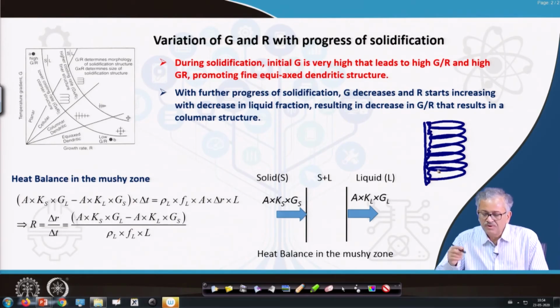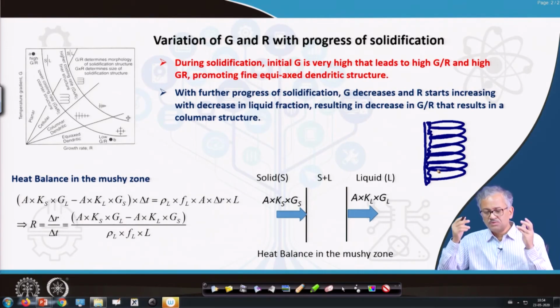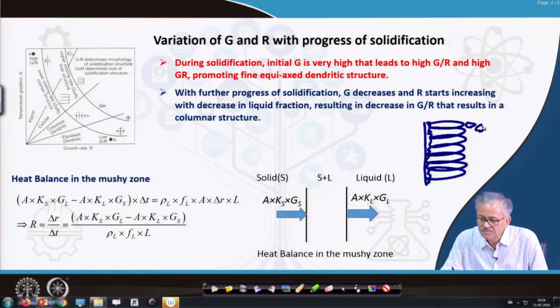Finally when you go towards the center, your R becomes very fast, so your G by R becomes very low, so you again develop an equiaxed dendritic structure.